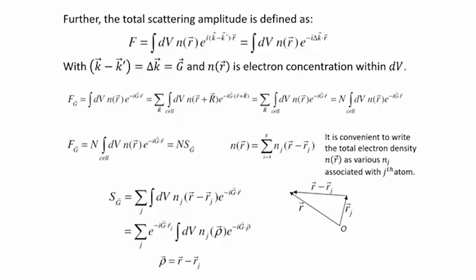Now, the total scattering amplitude would be proportional to the integration of dV n(r) exponential i (k minus k prime) dot r.